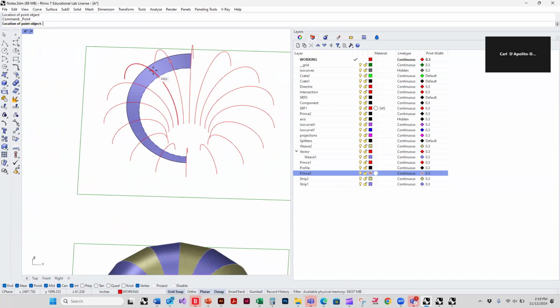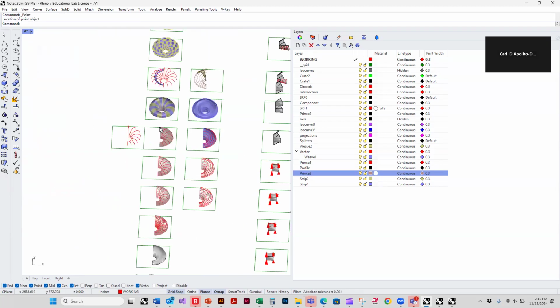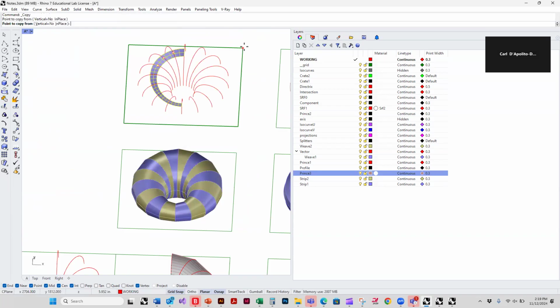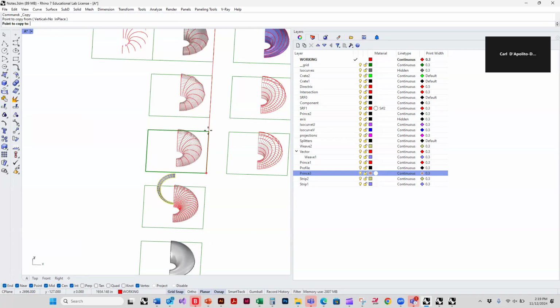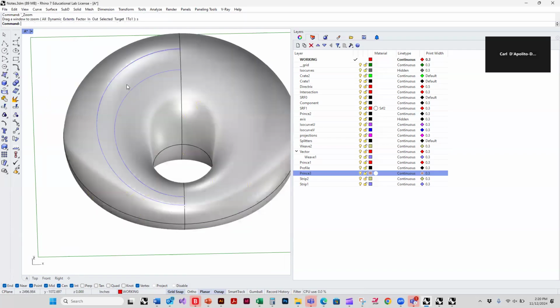And you might do something like this, where you would take a strip, put it on the surface, extract a nicer curve from the strip. Divide that isocurve into, I don't know, 8 points.